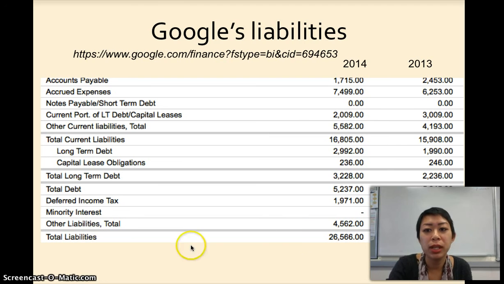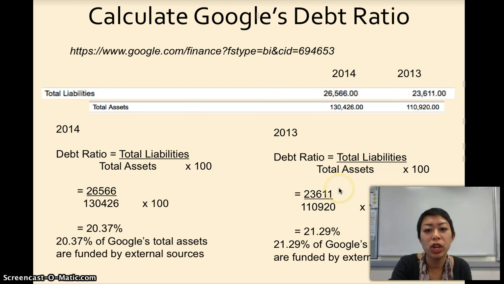So looking at Google's liabilities over the 2 years, we can see total liabilities have also increased. Working out the debt ratio over the 2 years following the formula, in 2013, Google's debt ratio is 21.29%, which means 21.29% of Google's total assets are funded by external sources, such as loans.